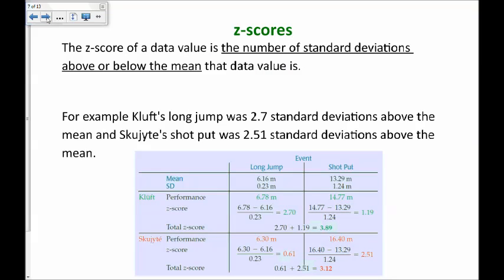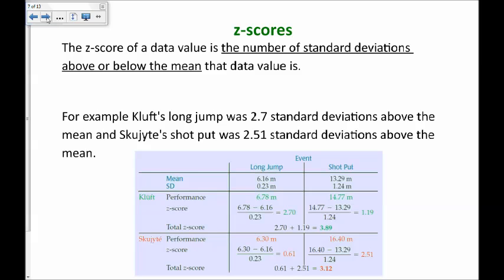Okay, the z-score of a data value is the number of standard deviations above or below the mean that data value is. For example, Kluft's long jump was 2.7 standard deviations above the mean, and Sklut's shot put was 2.51 standard deviations above the mean.